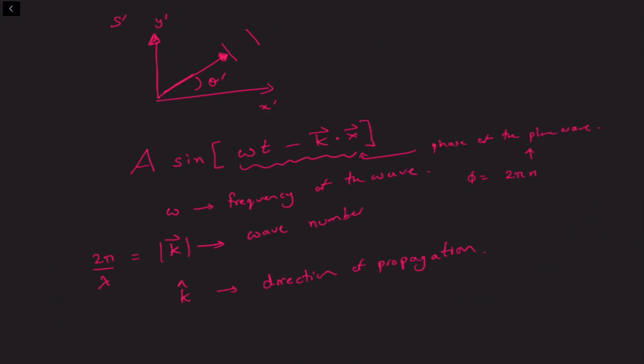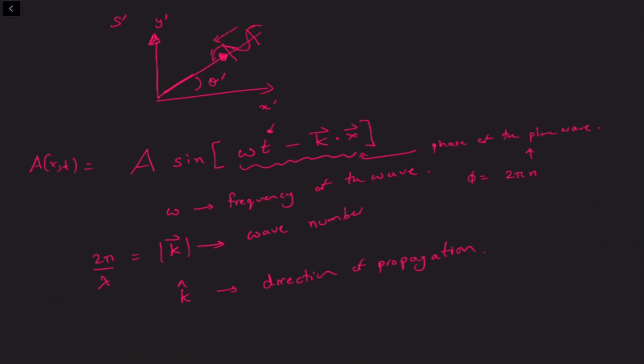If I just plot a snapshot in time, so I fix a time instant and then plot what the amplitude of this wave looks like along this direction, I would see there's a peak and then there's a trough and then there's another peak.